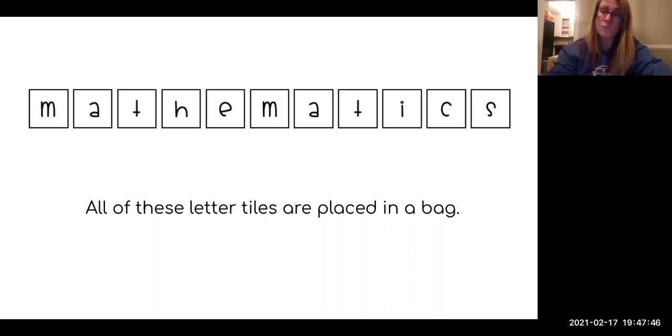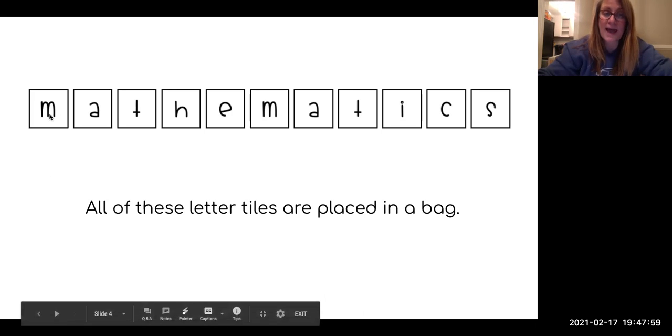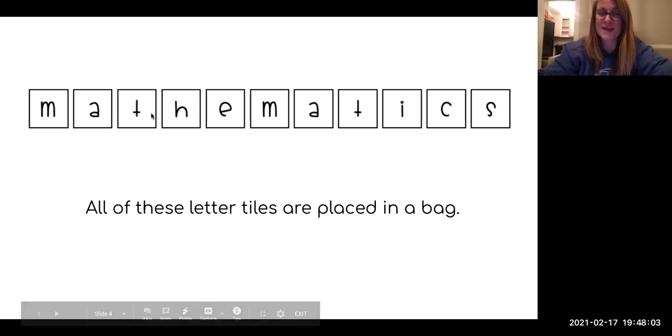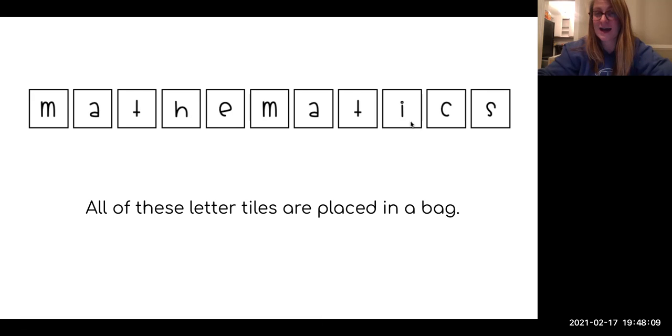Then we're going to draw one without looking at it. What are the possible outcomes that we can pull out of the bag? So we can pull an M would be an outcome, an A, a T, an H, an E, an I, a C, and an S.